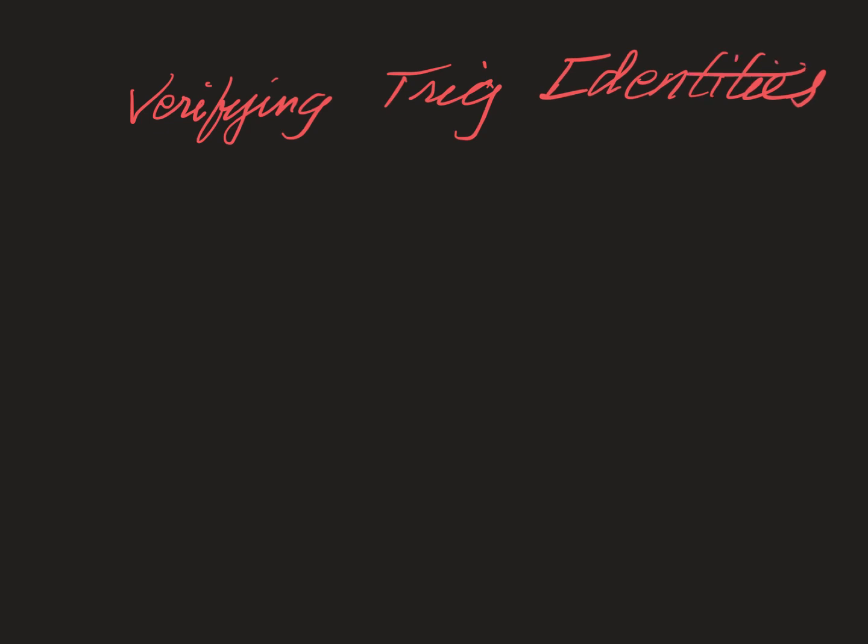All right, so verifying a trig identity. Now, this is what I did, and I called a proof earlier. I had a couple of simple identities on slide 2, and I proved that, what was it?